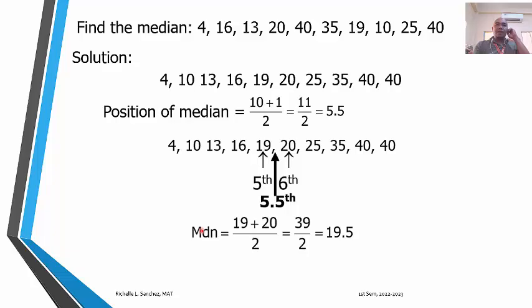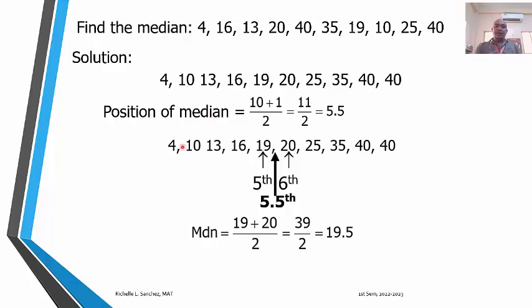Another example, we have 4, 16, 13, 2, 40, 35, 19, 25, and 40. Again, before we can find the position of the median, we have to arrange our scores either in ascending or descending order.